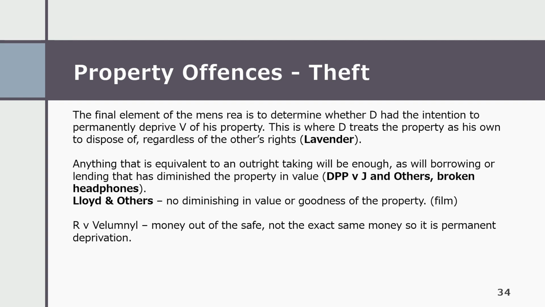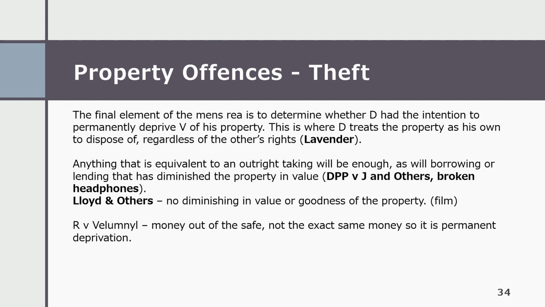The final element of the mens rea is to determine whether D had the intention to permanently deprive V of his property. This is where D treats the property as his own to dispose of, regardless of the other's rights, seen in Lavender. Anything that is equivalent to an outright taking will be enough, as will borrowing or lending that has diminished the property in value, seen in DPP v J and others with broken headphones, and Lloyd and others.